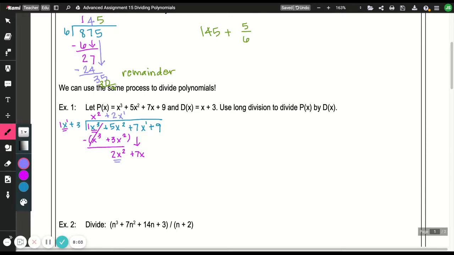So we have that number on the top. Remember that step 1 is to find the number on top. Then we multiply it by both of the terms in the front. So 2x times x is 2x squared. We're going to line them up under here. And 2x times 3 is 6x.